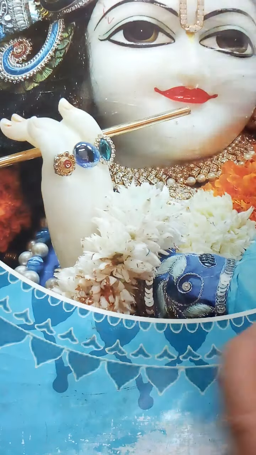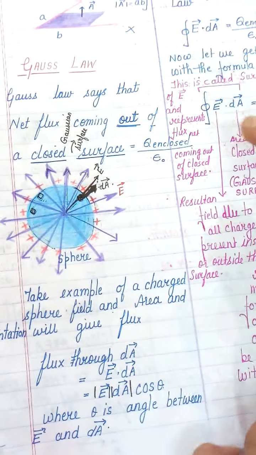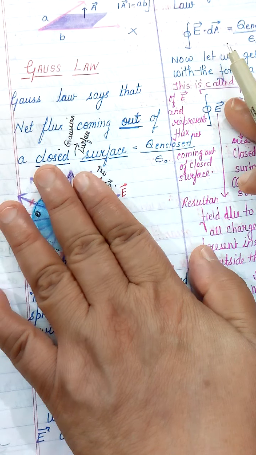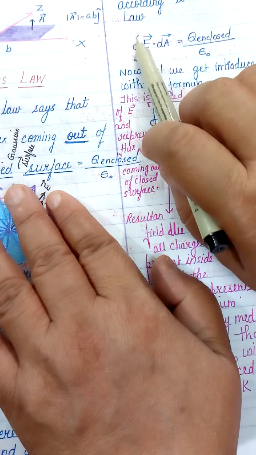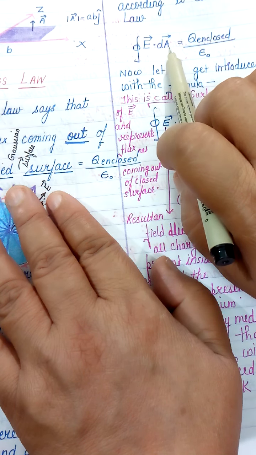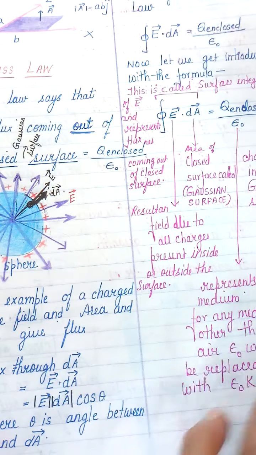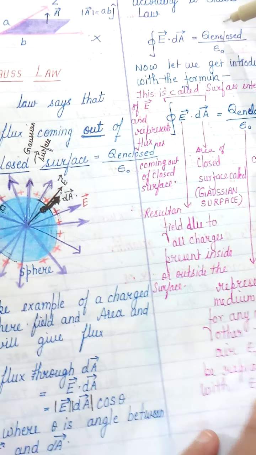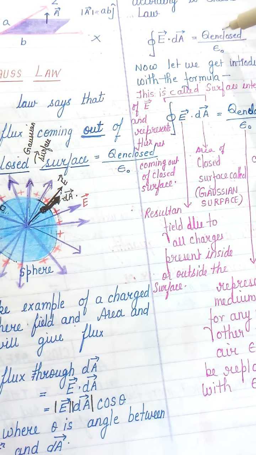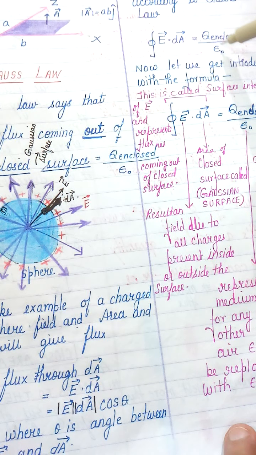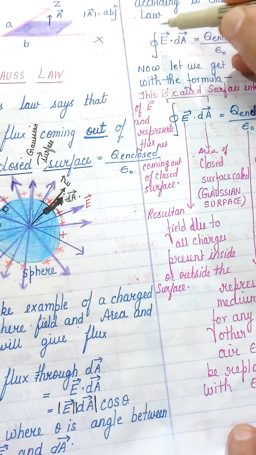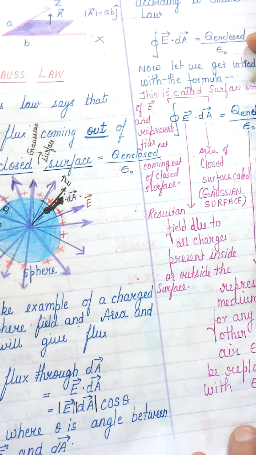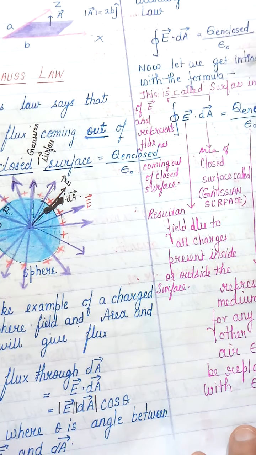So again come to Gauss law. Gauss law says that net flux coming out of the closed surface, this is the left part. And then charge enclosed by the surface, means charge which is inside the Gaussian surface, upon epsilon naught. This integration is called surface integration of electric field.